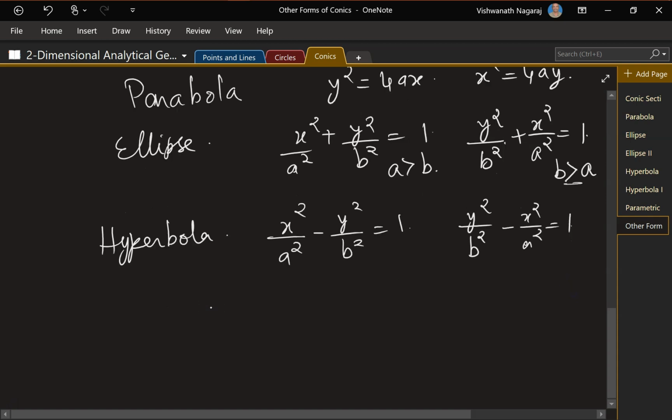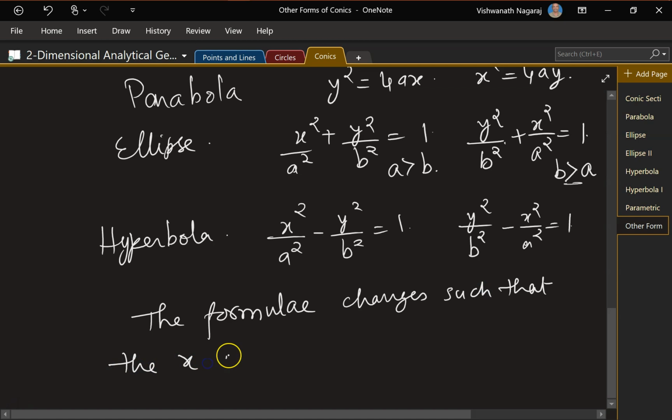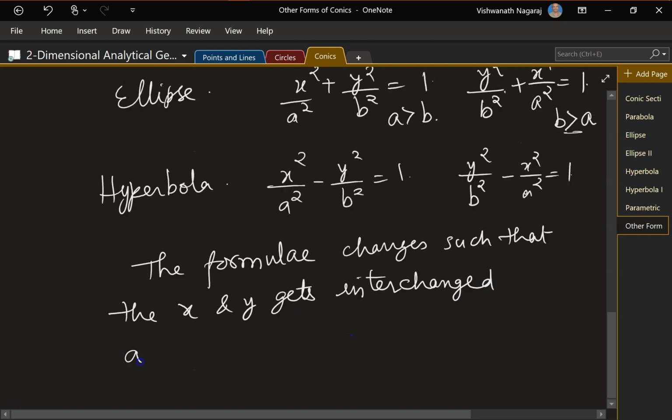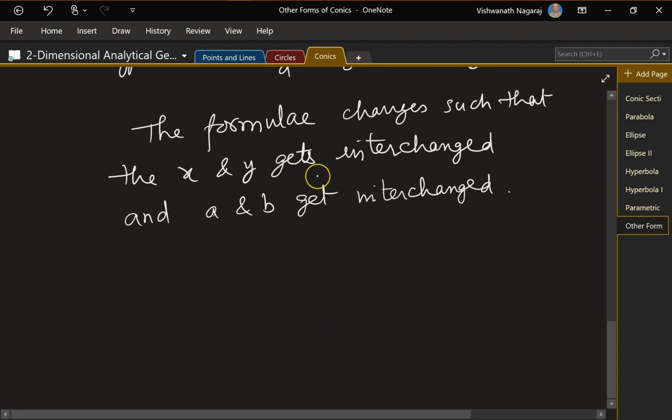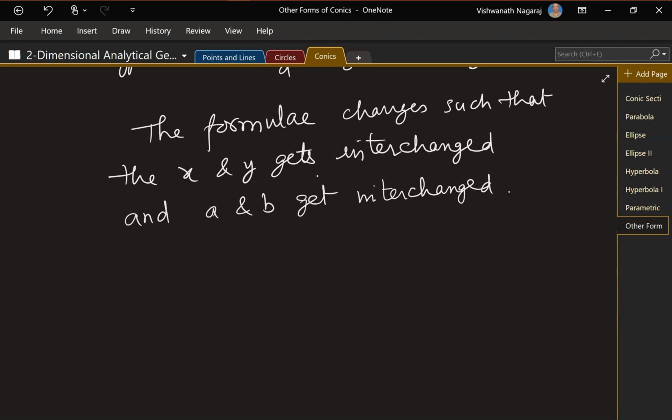For all these, parabola, ellipse and hyperbola, there are a lot of formulae. The formulae change such that x and y get interchanged and a and b get interchanged. So if you remember this, you don't have to remember the formulae. You just have to remember the standard form.